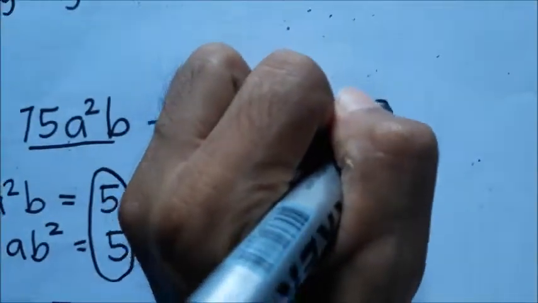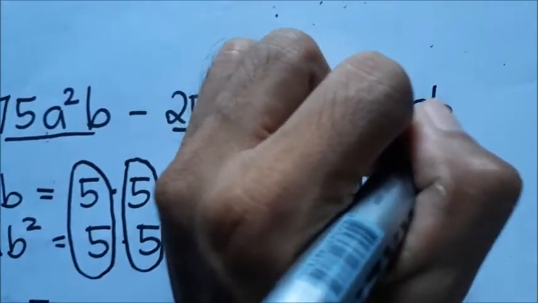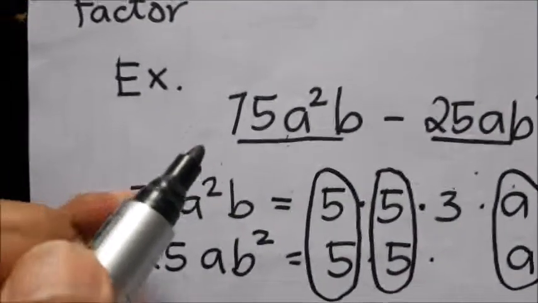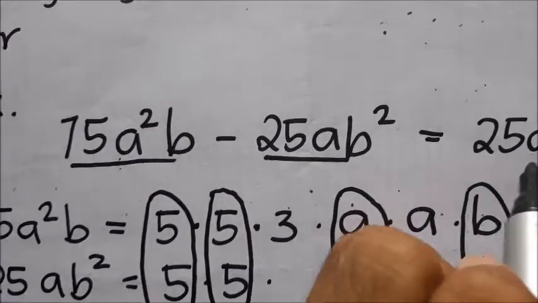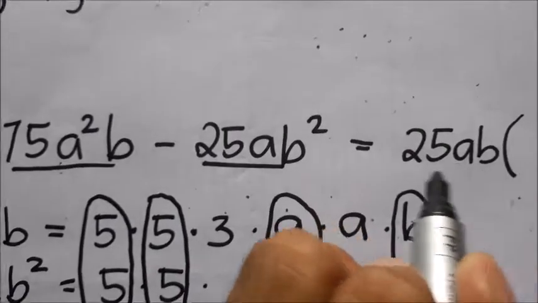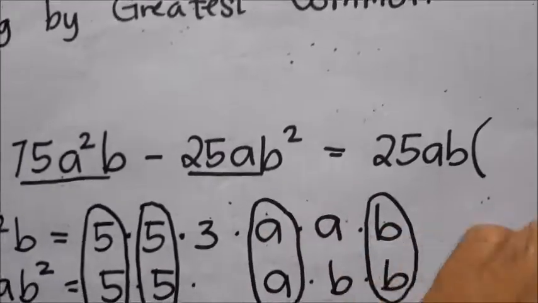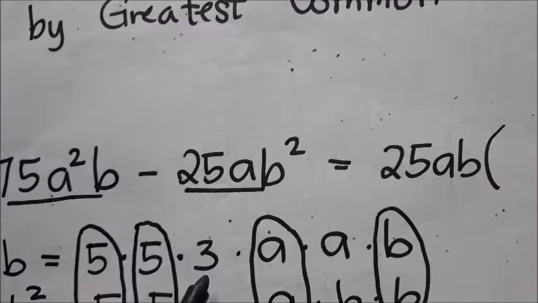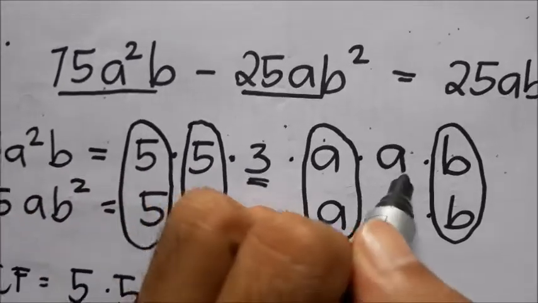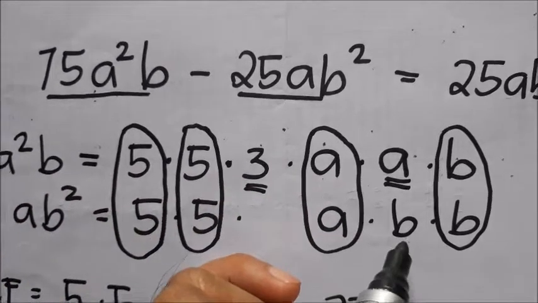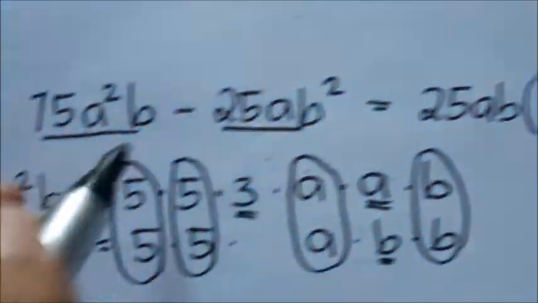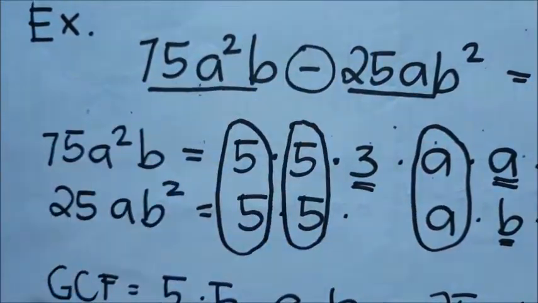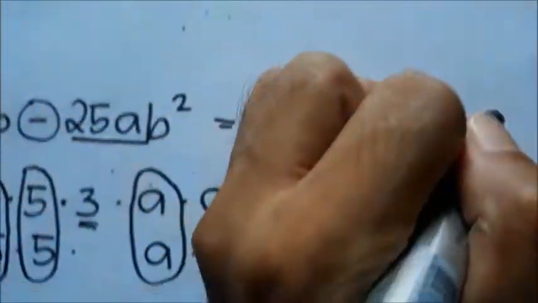Okay, so we have here 25ab. Then, this is one factor, this is the greatest common monomial factor. So to get the other factor, you're just going to get the terms na hindi natin na-encircle. That is 3a. Since the operation here is subtraction, so we're going to subtract here, and then we have b.